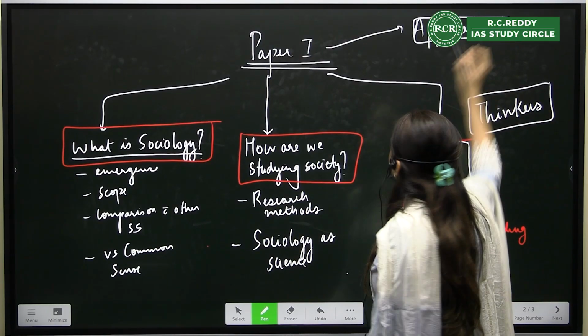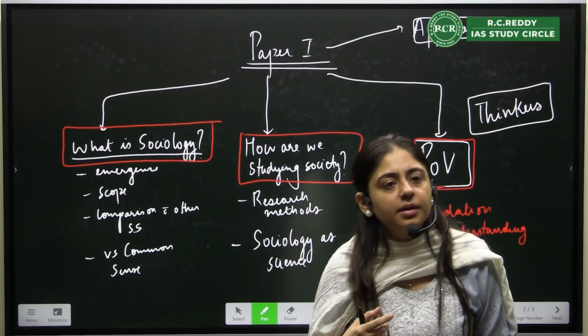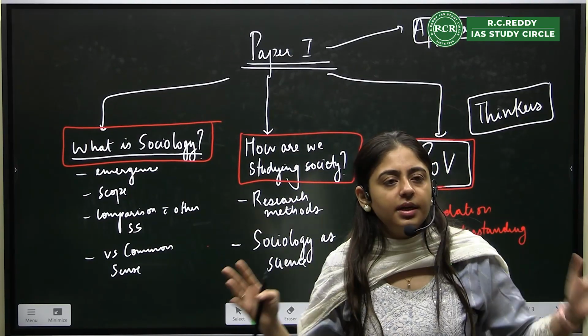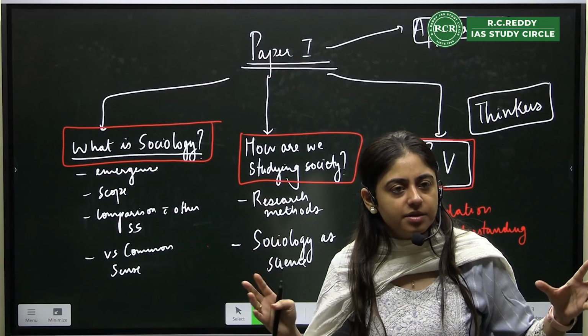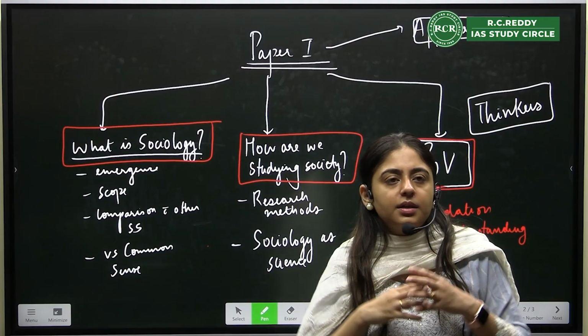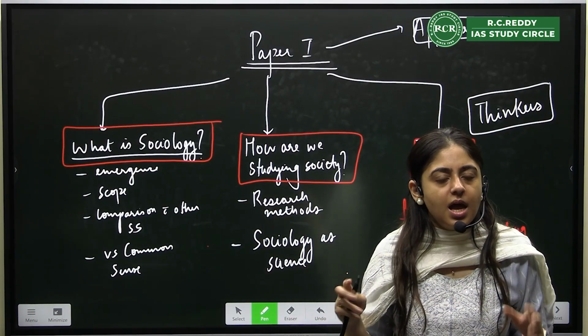Or you can say a more zoomed in approach. Okay, we have understood about larger society, different points of view, what is society, what are the different parts of society. So let's just zoom in. Like we consider this whole building as a society, right?